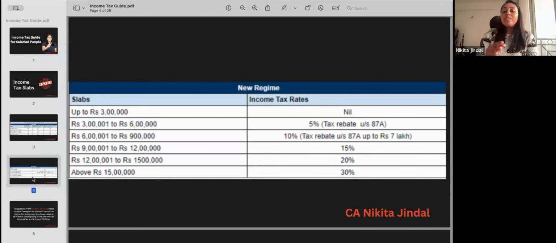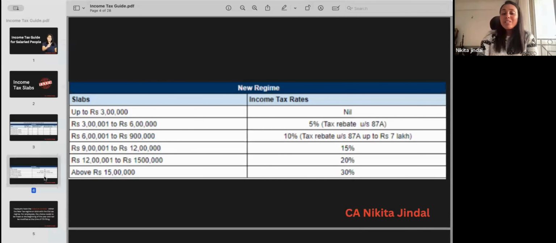And 12 to 15, it is 20%. And above 15, it is 30%. But there's a catch. If your income is up to 7 lakh, for example 6,50,000, you will get the rebate, so you have to pay 0 taxes. So I would suggest if your net taxable salary income is up to 7 lakhs, you can consider the new tax regime rather than the old tax regime, because you can get the entire rebate and you have to pay 0 taxes. So I hope I'm clear with this.